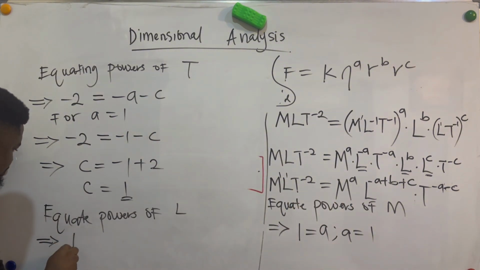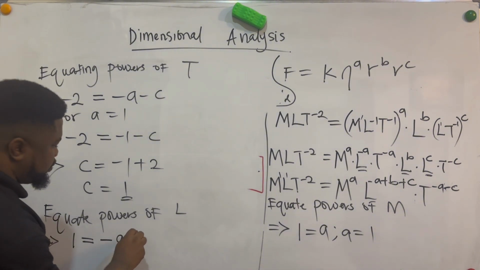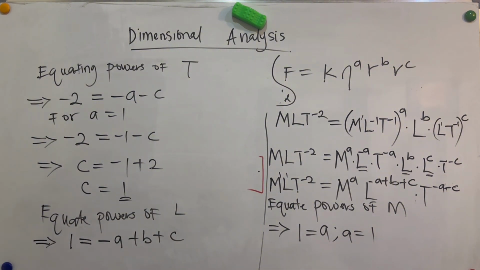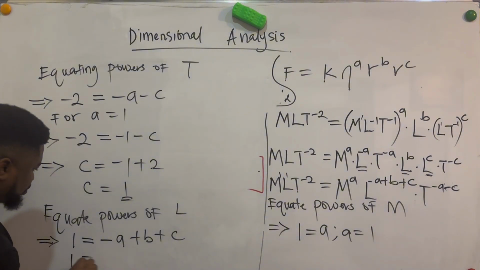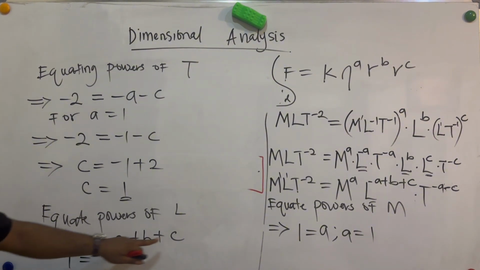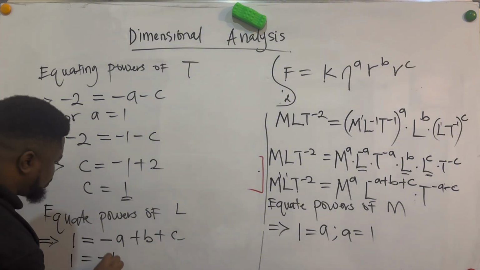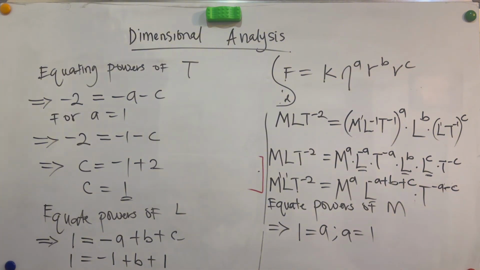Yes, 1 will be equal to right hand side, which is minus A plus B plus C. So 1 is equal to, if I put the value of A and C, which is 1 and 1, I will have minus 1 plus B. It's clear.